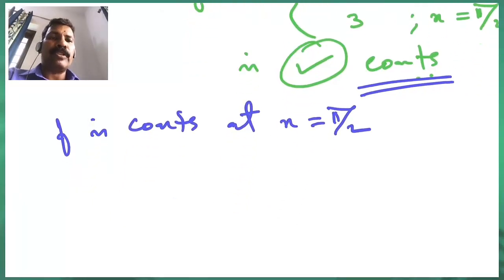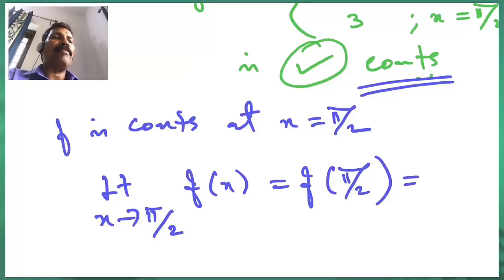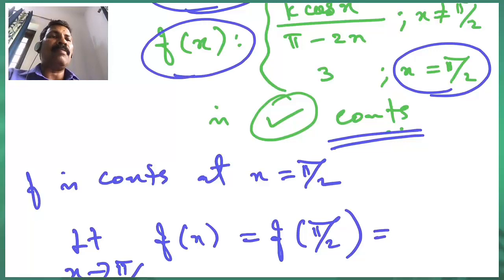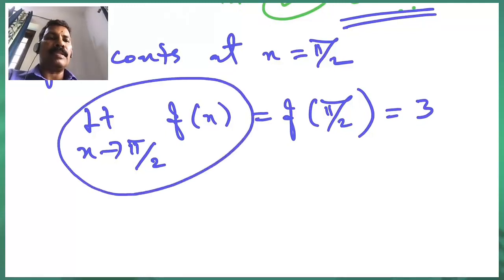That is, limit x tends to pi by 2, f(x) should be equal to f of pi by 2. And then what is f of pi by 2? That is very clear. When x is equal to pi by 2, the value of the function is 3. Then we have to find the limit of this one.